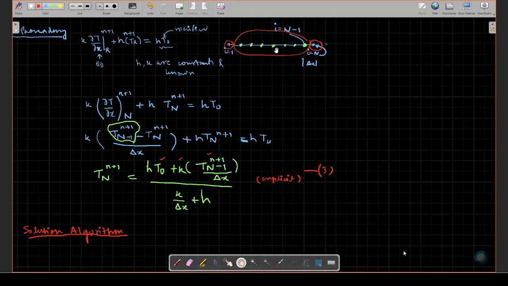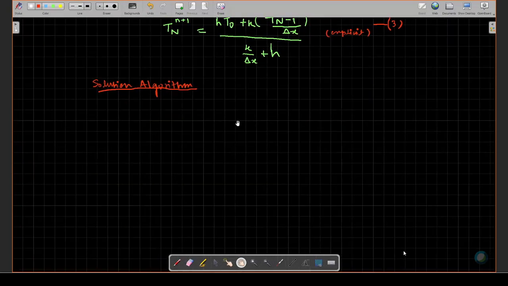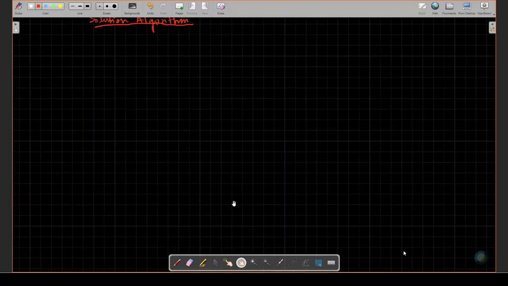We should know the initial condition at n equals 0, that is, t equals 0, the 0th time. At that location, we should know the values of the variable. So first thing first is initialize.